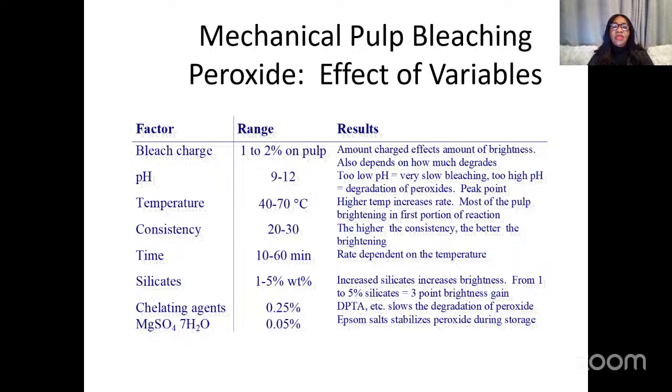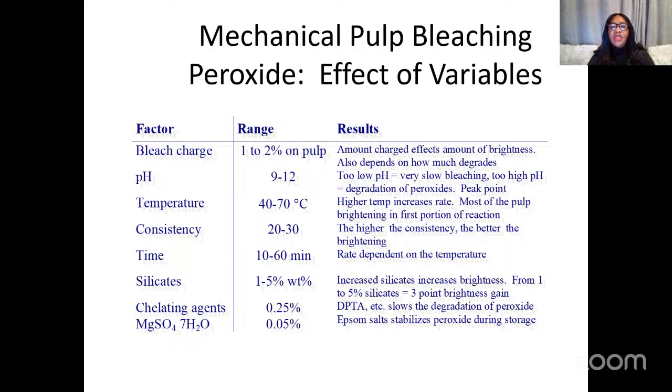So the variables and their effects: you have the bleach charge, 1 to 2% on pulp. The amount charged has an effect; remember we said that at an initial pH of 10.5, you don't have much of the peroxy anion. So the amount of charge also affects the bleaching.